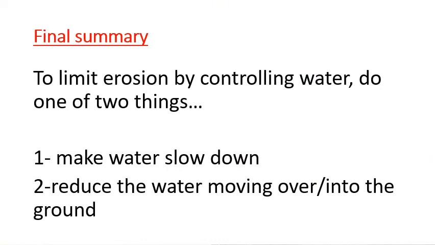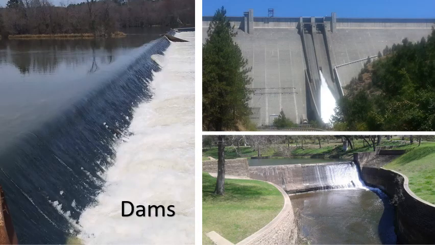So, in summary here, to limit the erosion by controlling water, you've got one of two choices. You either make water slow down or you make less water. Period. Those are the two choices that you've got. And there's one other thing that can help us here with both of these aspects, and that's to build a dam.